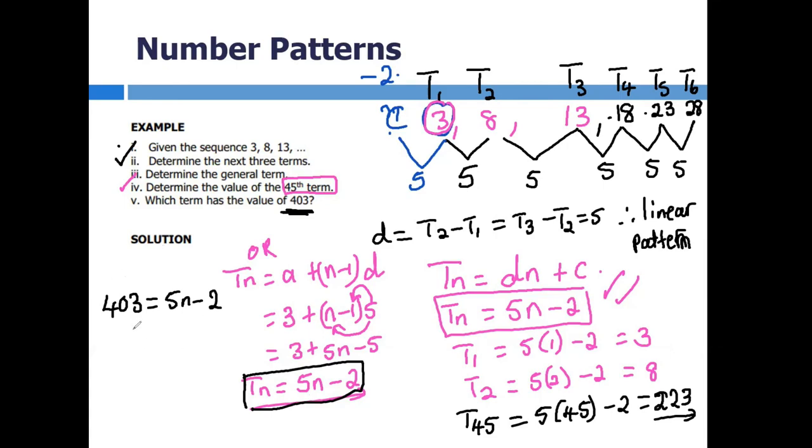So let's take this across. This will give us 405 equal to 5n, divided by 5. Can somebody give me 405 divided by 5? What is n? Thank you, Kumo. Thank you, Natalia. Jaden, 81. So what does this mean? It means, therefore, thank you, Sona, T81 is equal to 403.